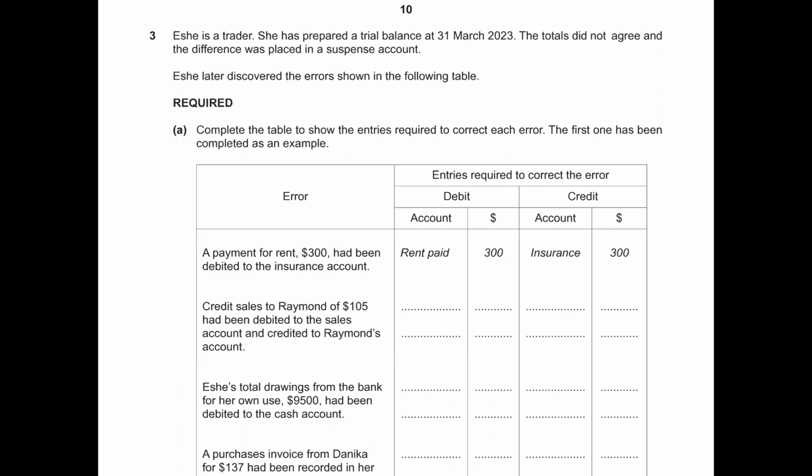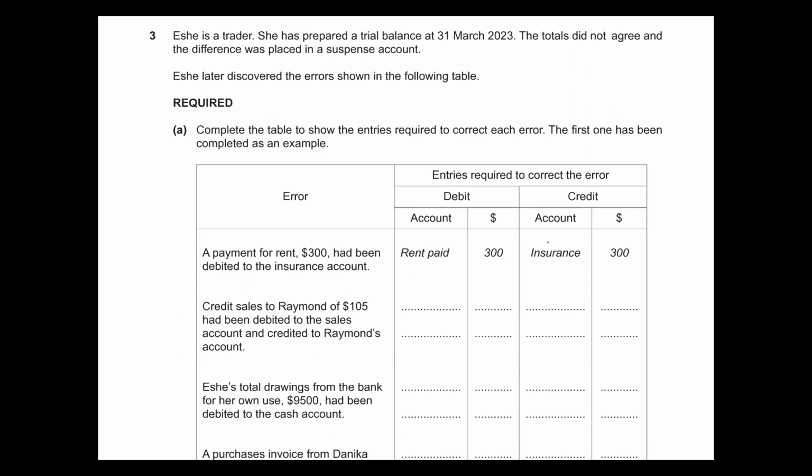Remember, we talked about different types of errors: those that affect the agreement of the trial balance and those that don't. Let's see what happened.